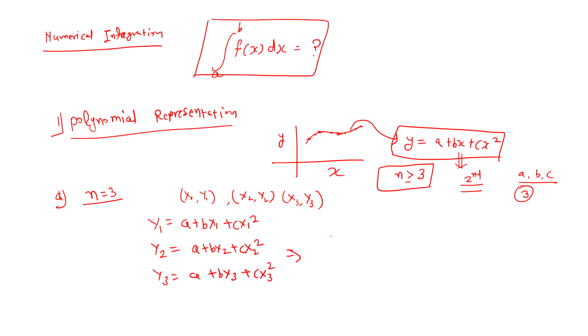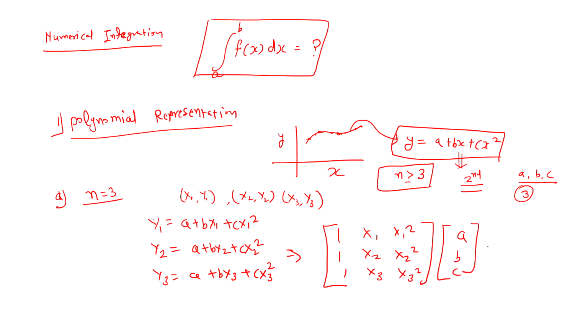We can write it as the matrix 1 x1 x1 square, 1 x2 x2 square, 1 x3 x3 square, times a b c, equal to y1 y2 y3. So we can directly invert this matrix and find out the a b c vector.